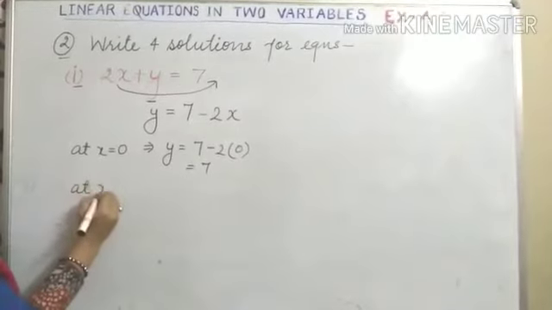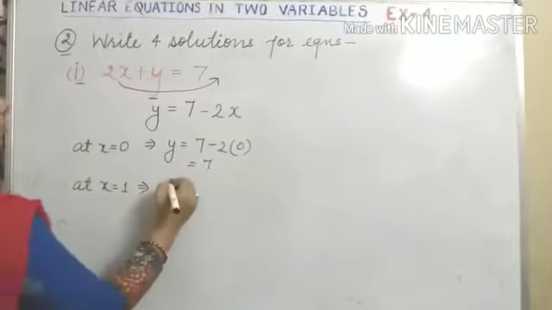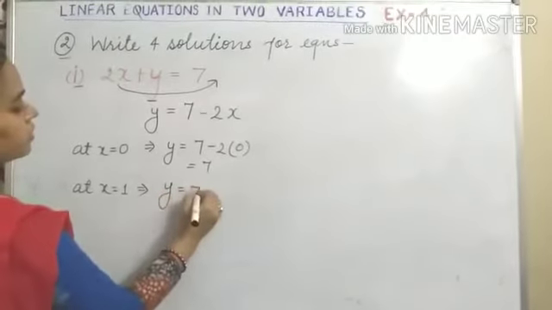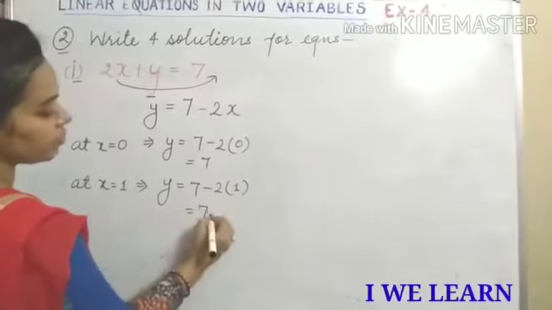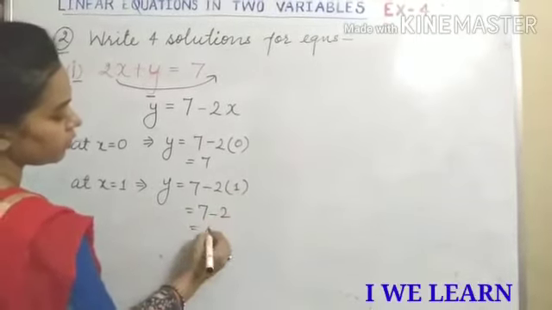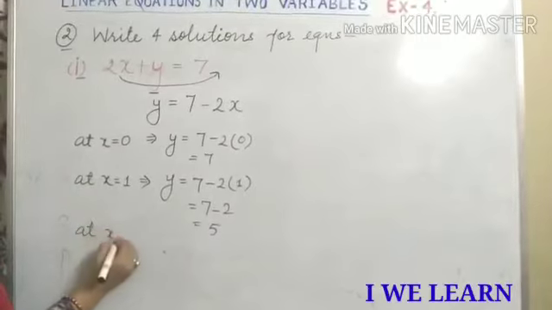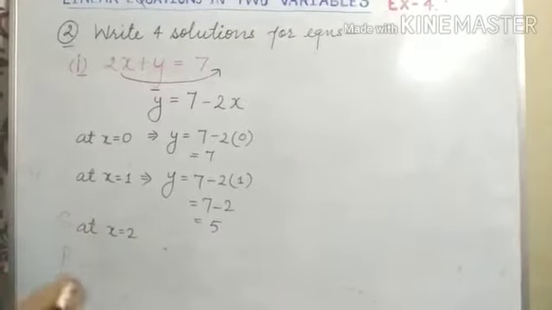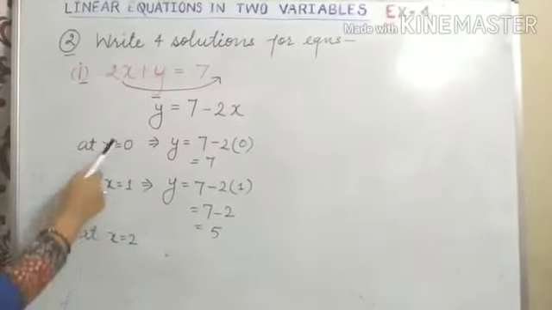Again, at x equal to 1, y is equal to 7 minus 2 times 1, which is 7 minus 2 equal to 5. Again, x equal to 2. Why are we finding more than 2? Because it is written that we have to find 4 solutions. Therefore, 1, 2.